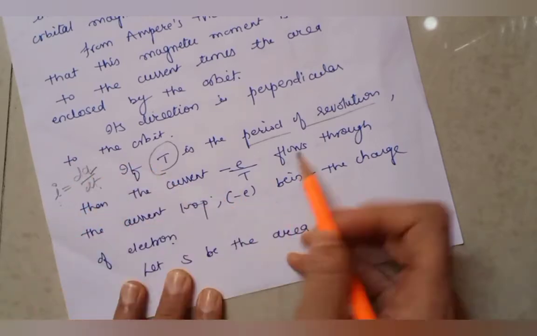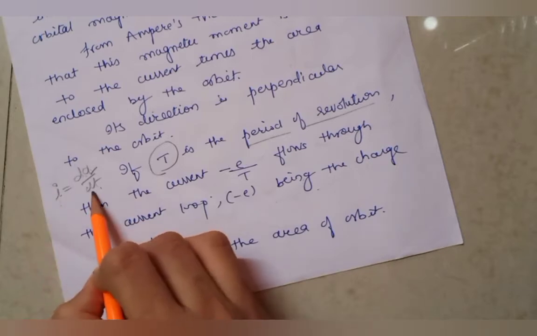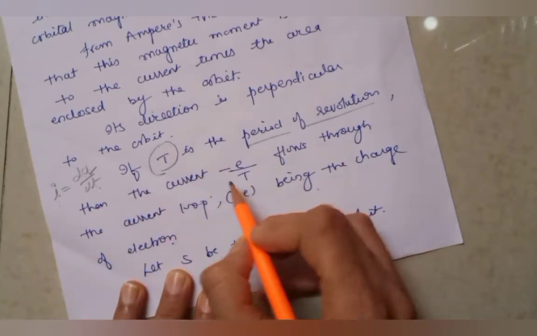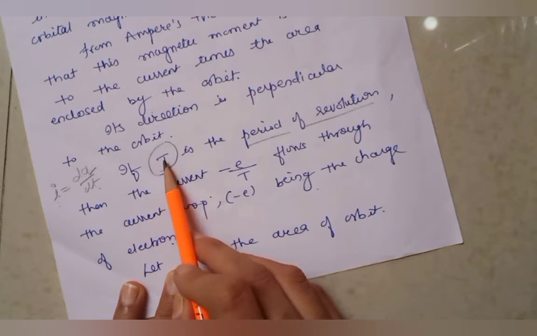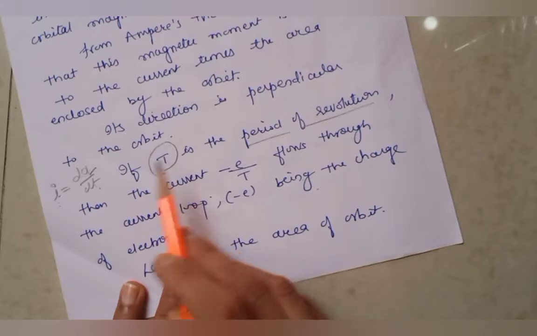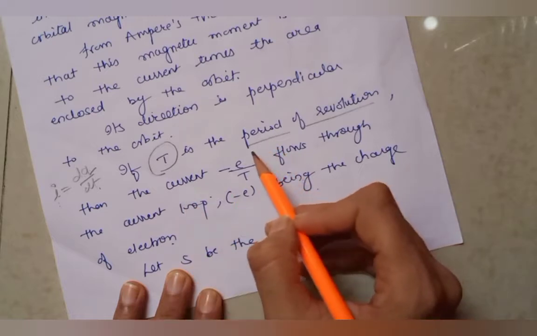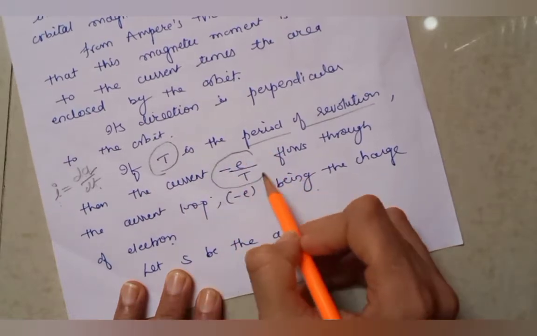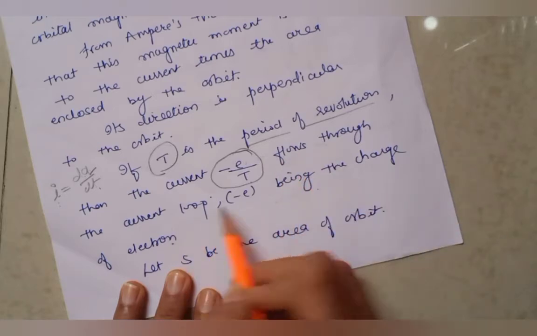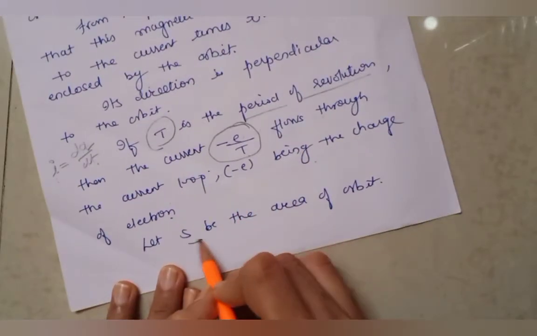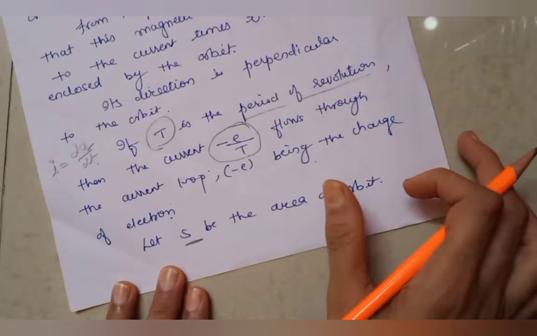The charge of the electron is minus e, and we have taken the period as capital T. So when an electron is moving around the nucleus with period of revolution T, the current which flows is charge upon time, that is minus e by T. Now let S be the area of the orbit.